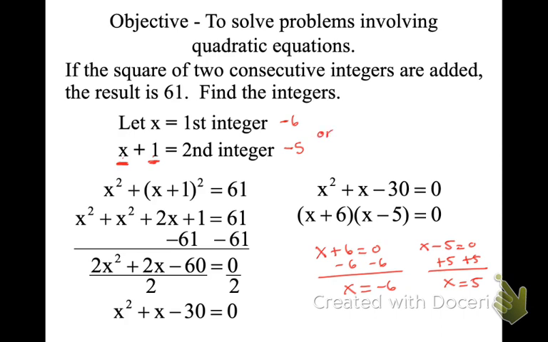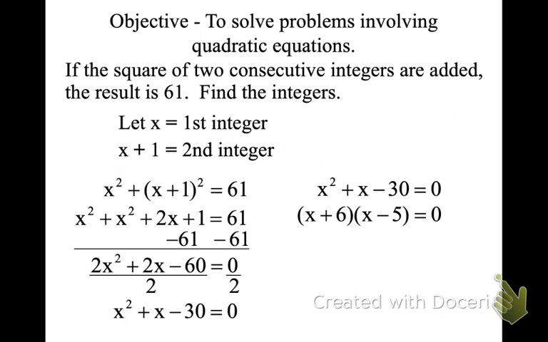Or what happens if it's the positive number? If it's 5, then 5 plus 1 is 6. So we have 4 answers here that you really have to write: negative 6, negative 5, and 5 comma 6. I guess you could do and or.